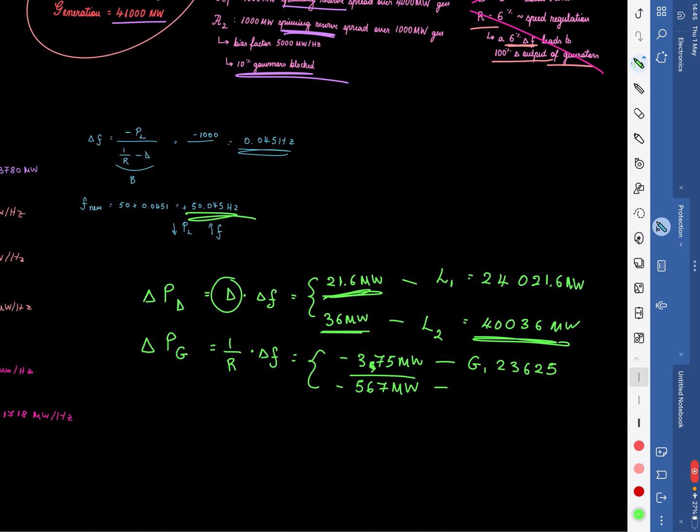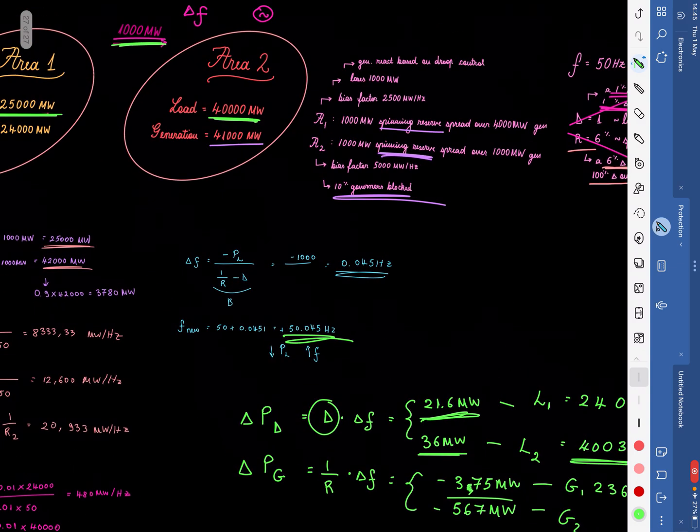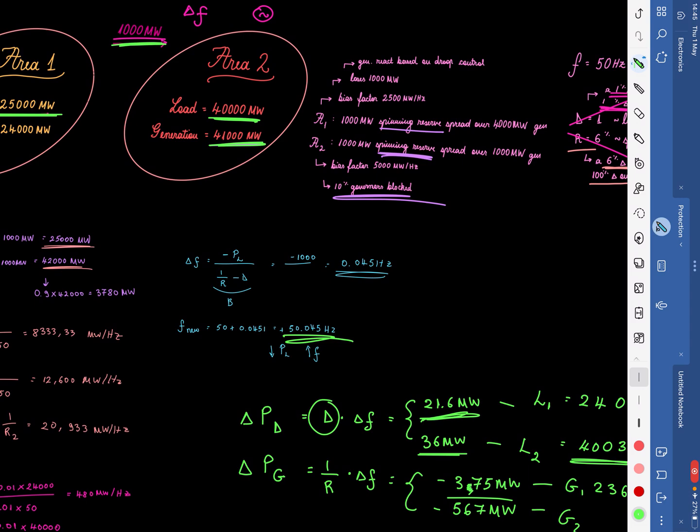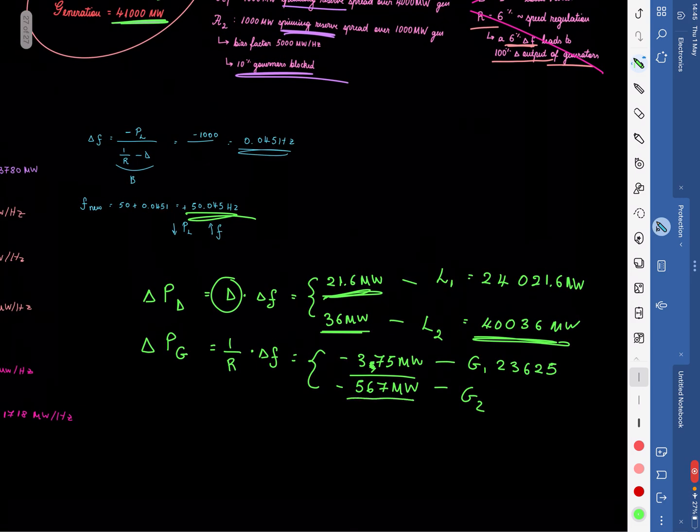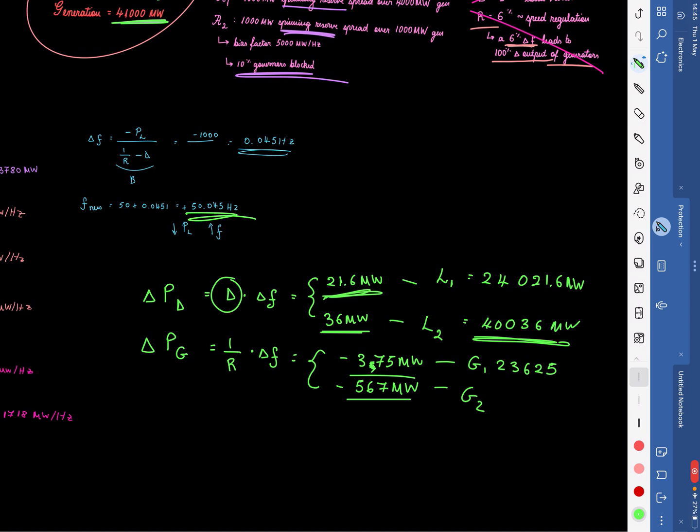Yeah, and this one for area 2, initially we had generation 41,000, and we're going to have to subtract 567. So you're left with 40,433 megawatts or something like that.